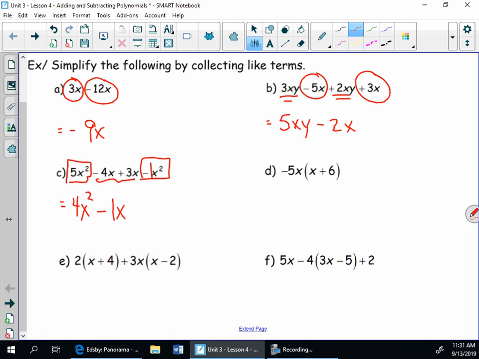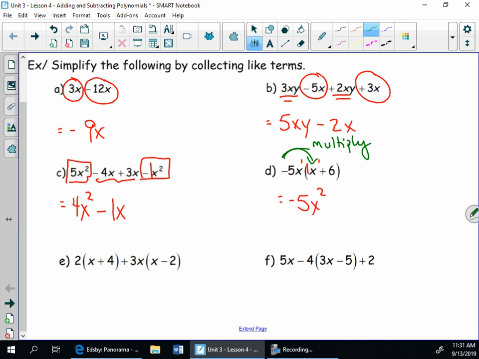Okay, things we collected. If we look at the next one, we got brackets. And we said yesterday we don't like brackets. Let's get rid of brackets. And we do that by multiplying. There's those arrows again. Multiply. Okay, number times number. Negative 5 times 1 is negative 5. I've got 1x and another x, so now I've got 2x's being multiplied.